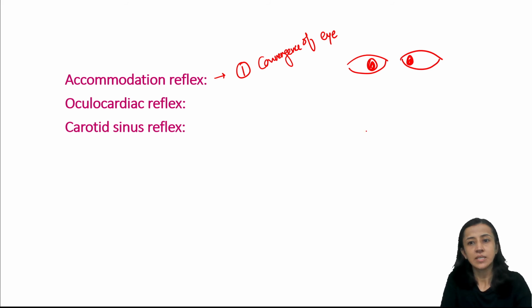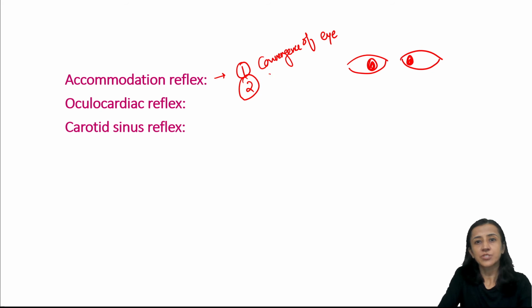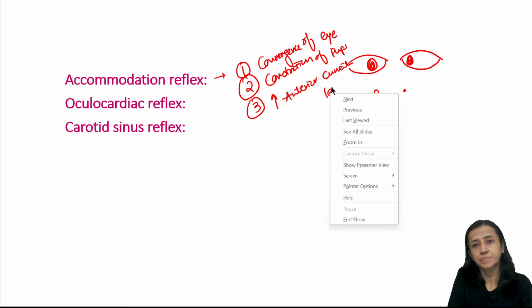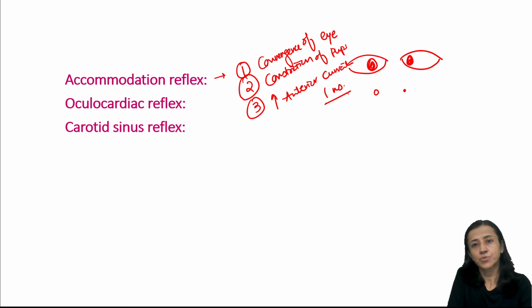Second, constriction of the pupil. And third, increase in anterior curvature of the lens. So these are the three changes of accommodation when we are accommodating for a near object, that is the accommodation reflex.